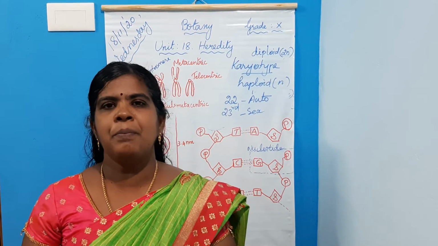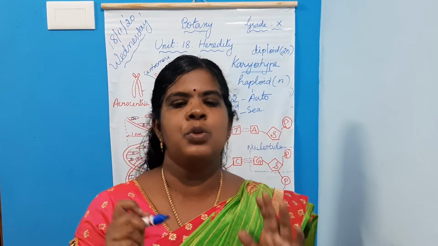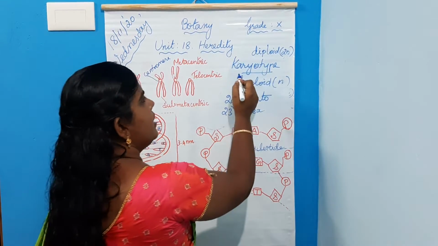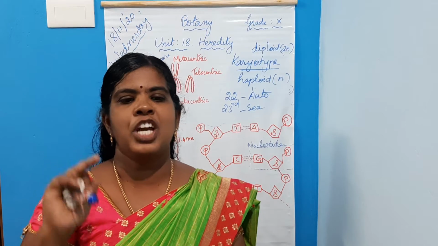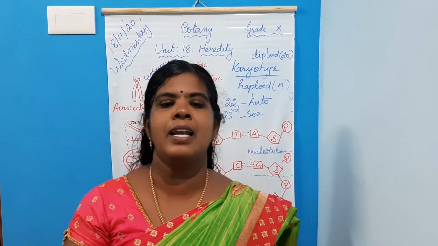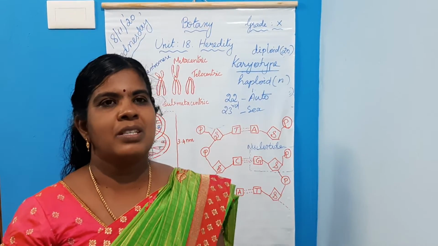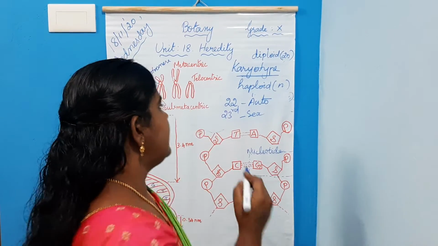So karyotype is the size, shape and number of chromosomes in the cell nucleus of an organism. Okay, now the next is about the ideogram.